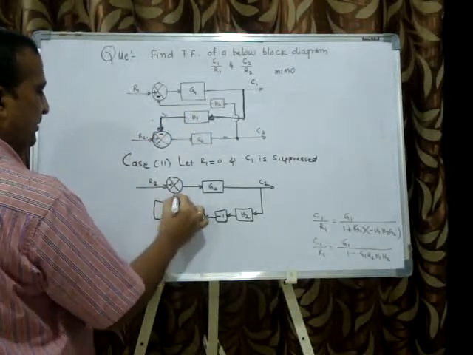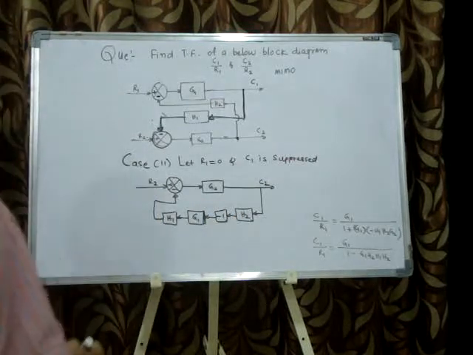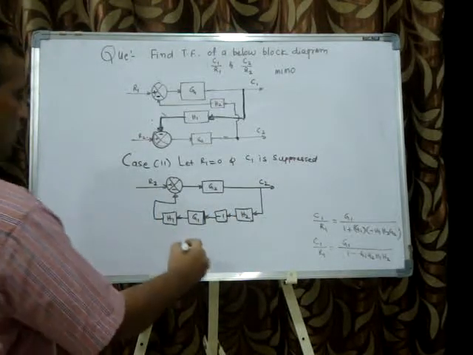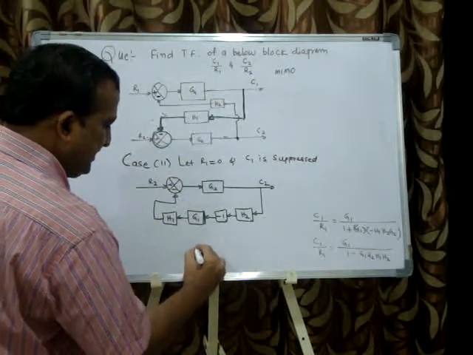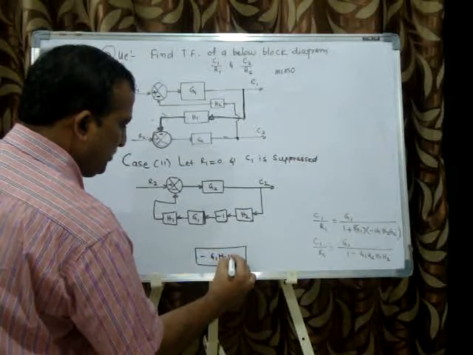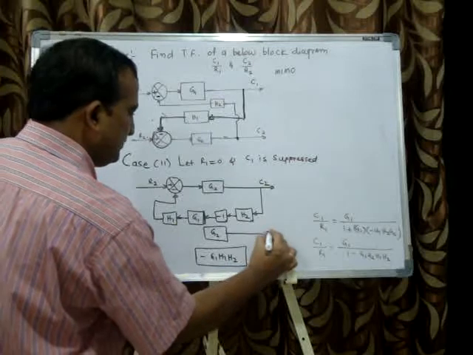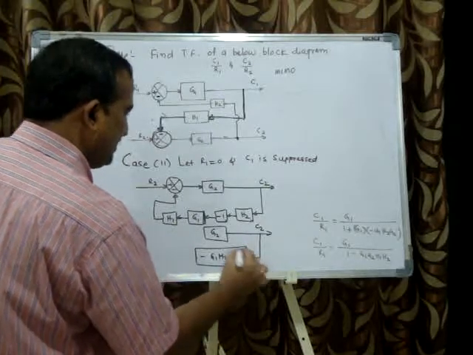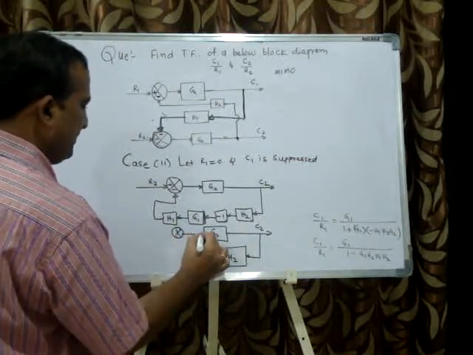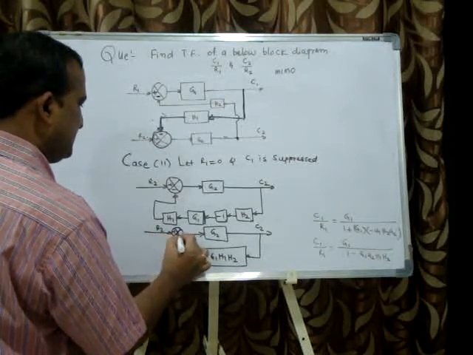Once again, all four are in series. So minus G1, H1, H2, here G2, here C2, and here R2 plus minus.